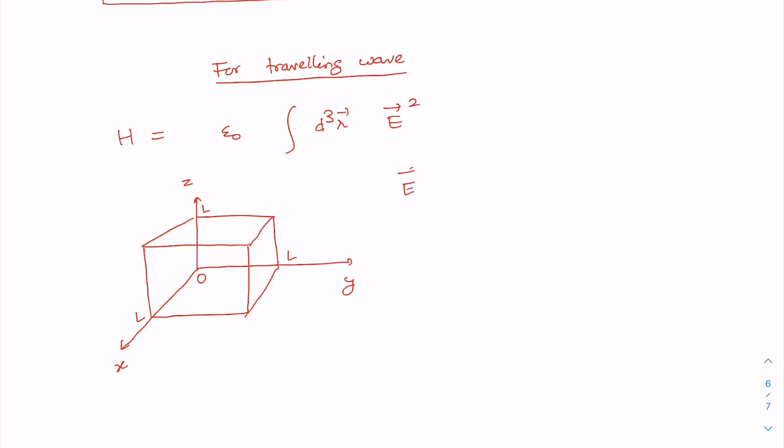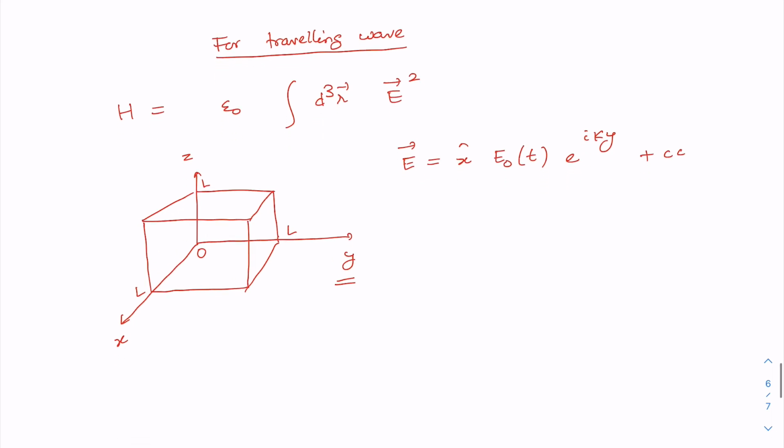Say the electric field is polarized along the x direction, and it has a complex amplitude E0(t), and say it is propagating along the y direction, along this direction. And then I have to add a complex conjugate so that the electric field becomes real. Quite clearly this electric field defines a single mode, and we are interested in a single mode.